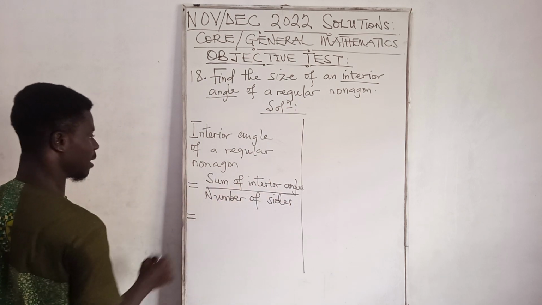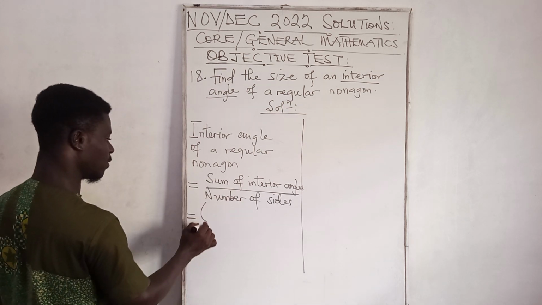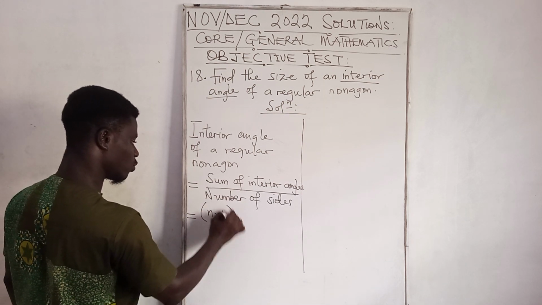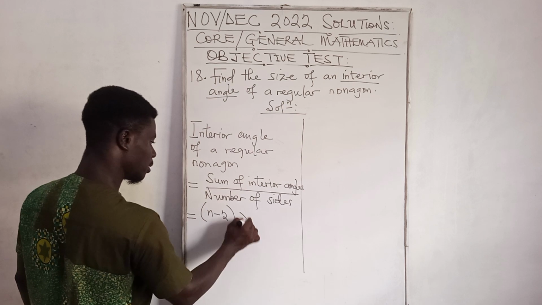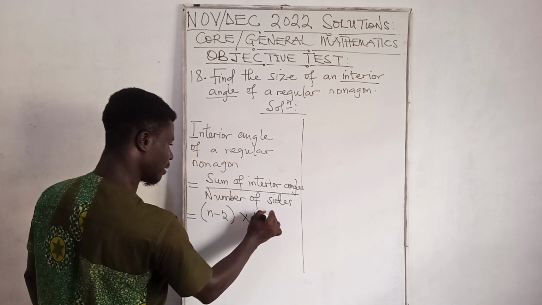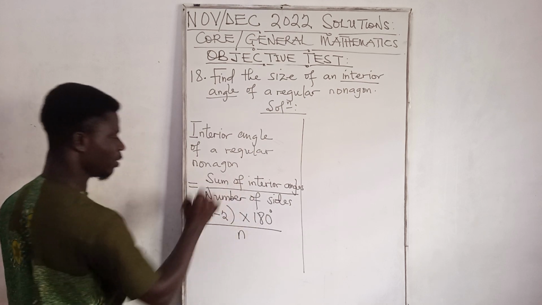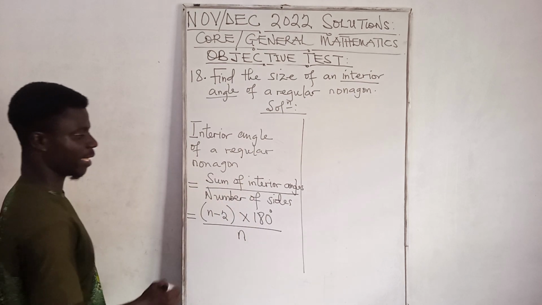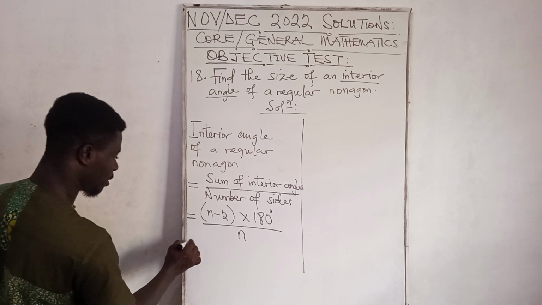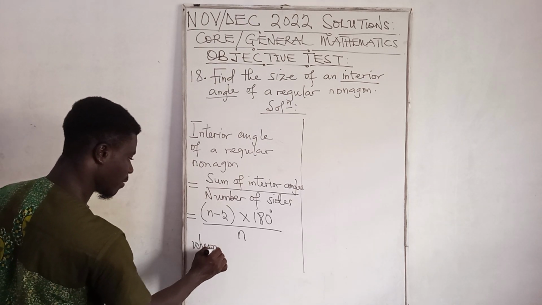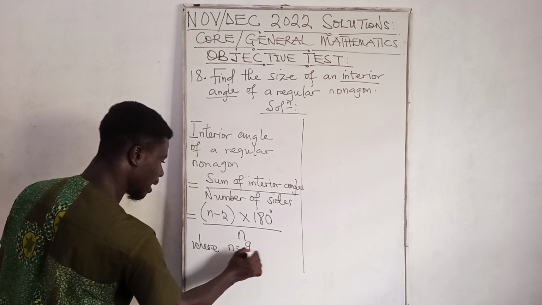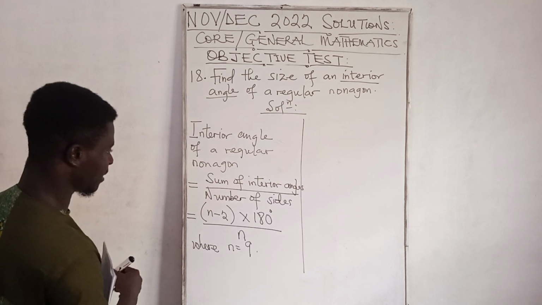So now I can say that the sum of interior angles is n minus 2 times 180 degrees, all divided by the number of sides. We denote it as N, right? So we can say that n equals 9 because it has 9 sides.